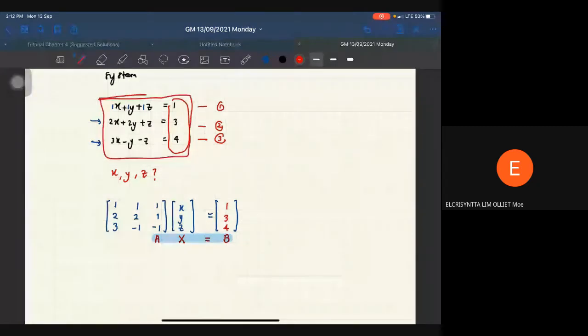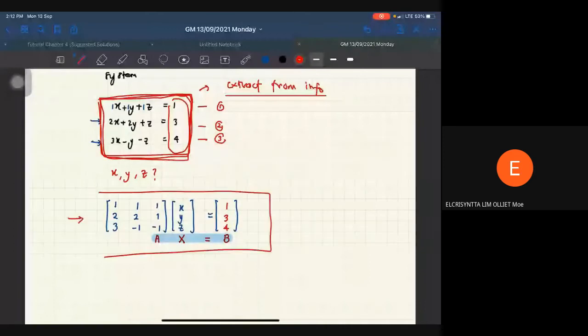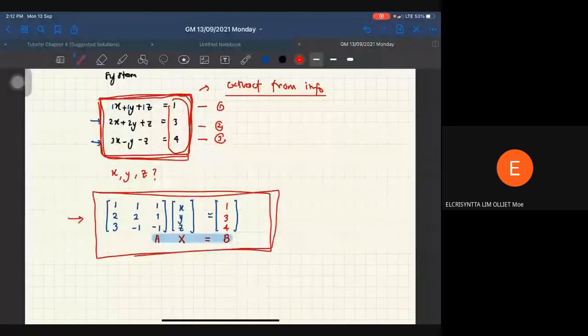Okay, you need to extract this from the information. And then bila awak dah ada ketiga-tiga equation ni, awak buat dia jadi satu bentuk matrix yang macam ni. Okay, this is your second step. This is first step, this is second step. Jadikan dia dalam bentuk AX equals to B.